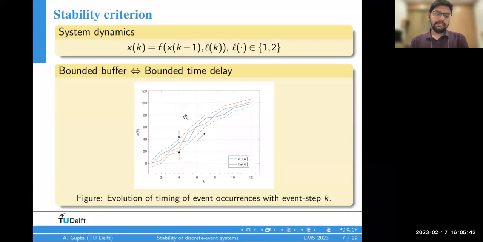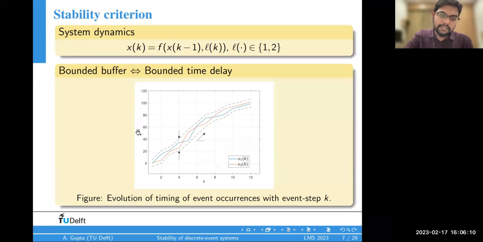And so the notion of stability from an application point of view is that we have bounded buffers. What I mean by buffer here is that if we pick a certain time, so event step k, event cycle, I would like the states to be bounded, so they are between a certain threshold.